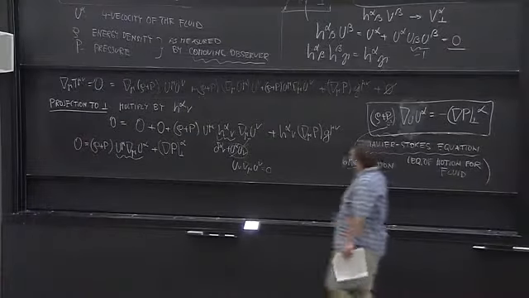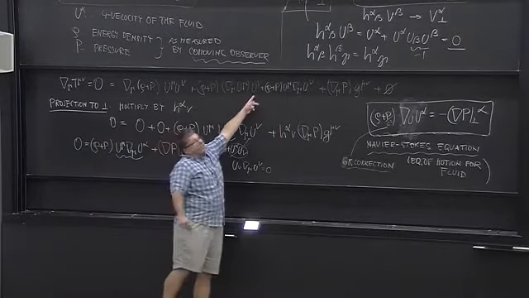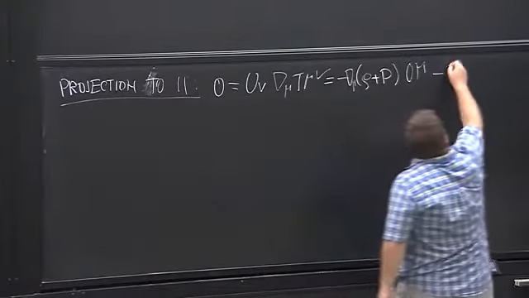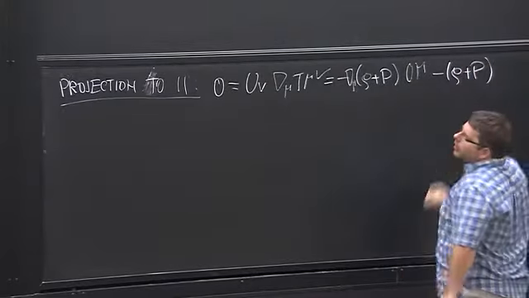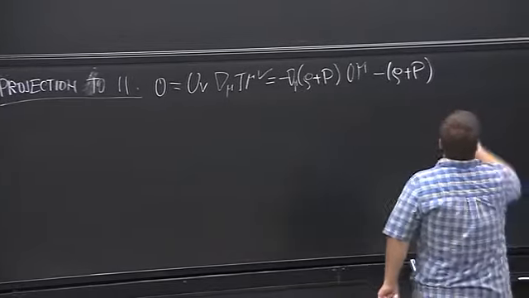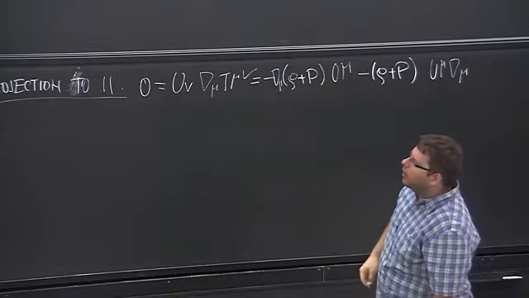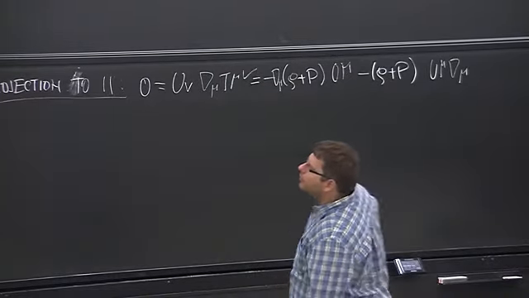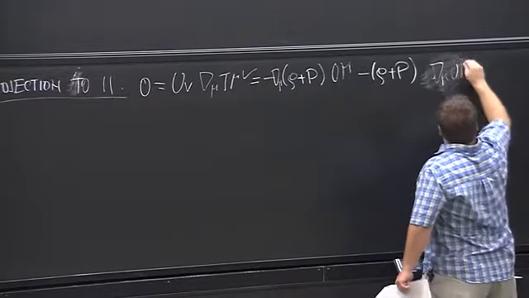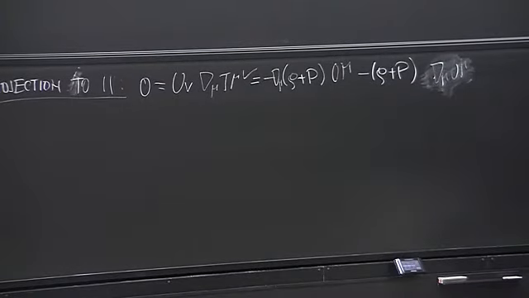What about the second term? Same thing. Again, u nu hitting that u nu gives me minus 1. So it's minus rho plus p, and then u mu nabla mu, which is nabla mu u mu. Now, what about the third term?